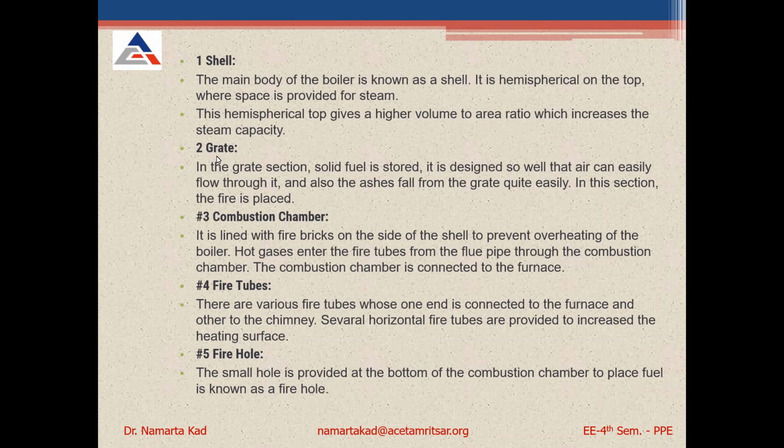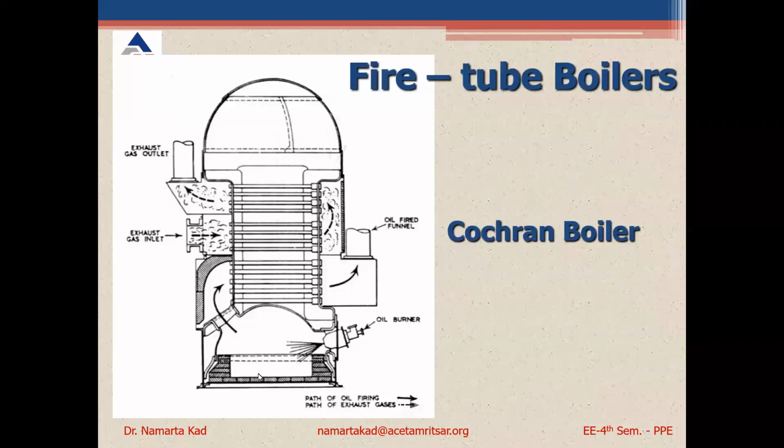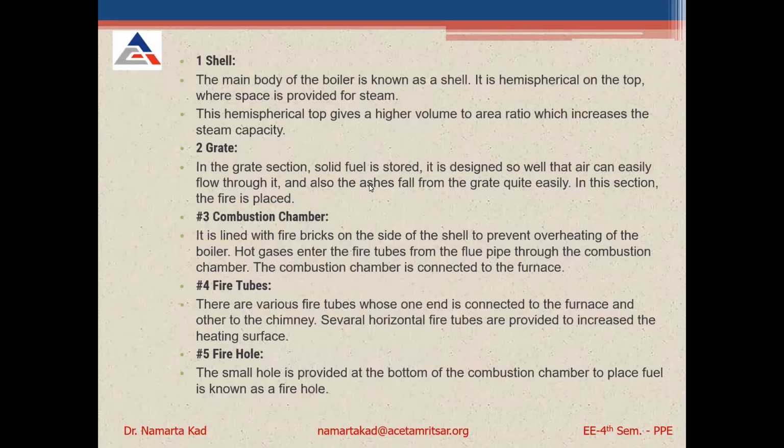Next, the grate. The grate was right at the bottom. Here it is the grate, where the coal is spread. In the grate section, the solid fuel is stored. Solid fuel may be coal. It is designed so well that air can easily flow through it, and the ashes fall from the grate quite easily.